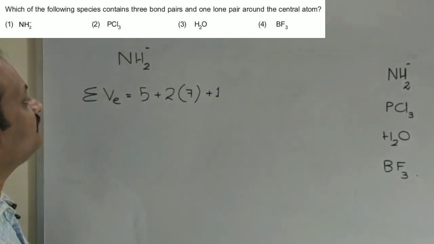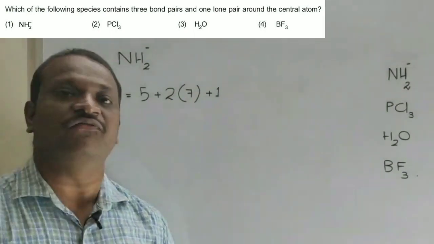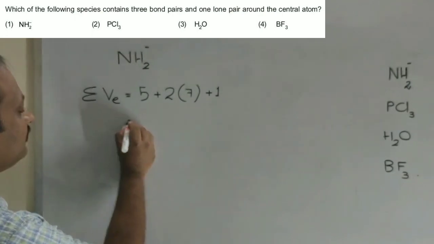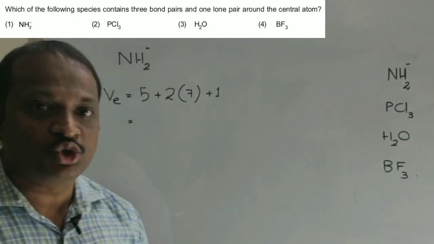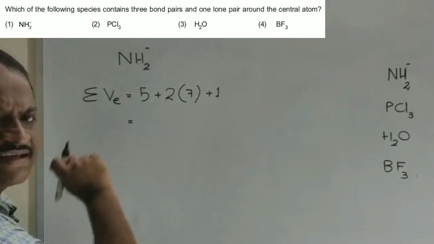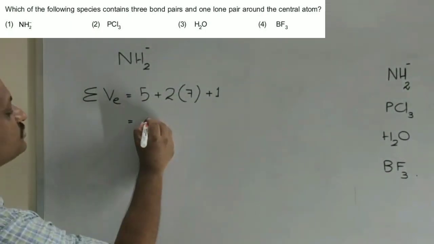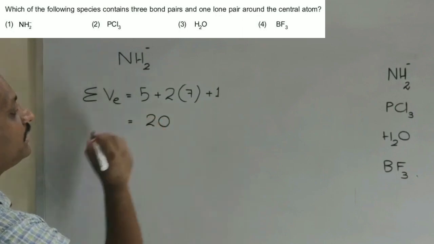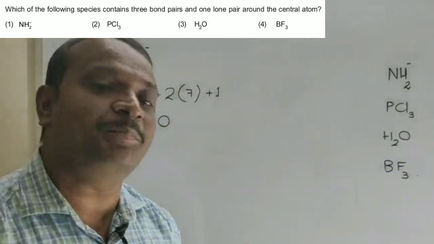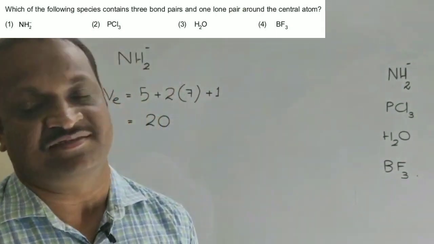So what is the total number of valence electrons here? Let us add this together. 2 into 7 is 14, 14 plus 6 means 20. So we have got the number 20 here. And from this number only, we need to find how many bond pairs and how many lone pairs are there.